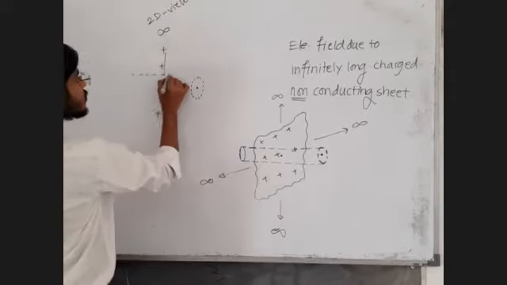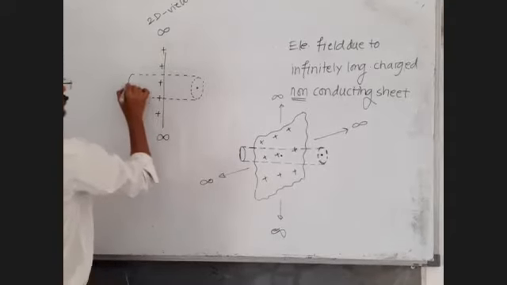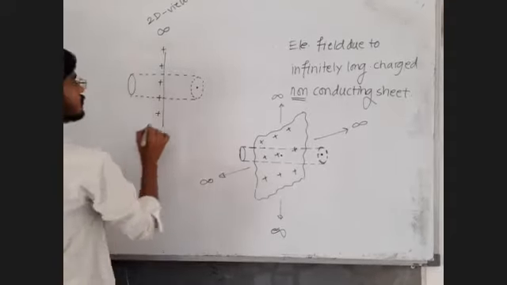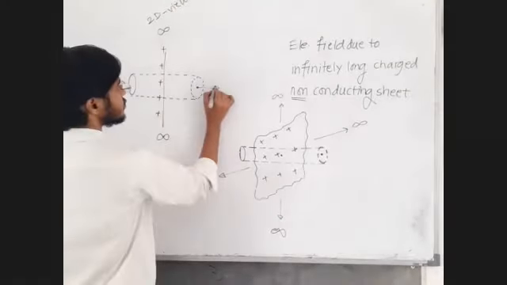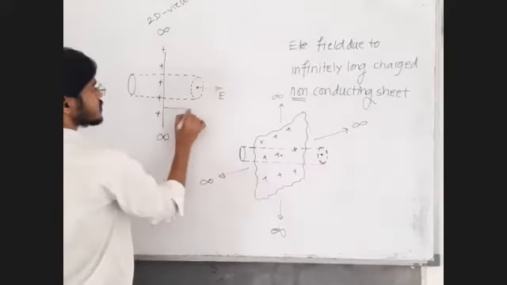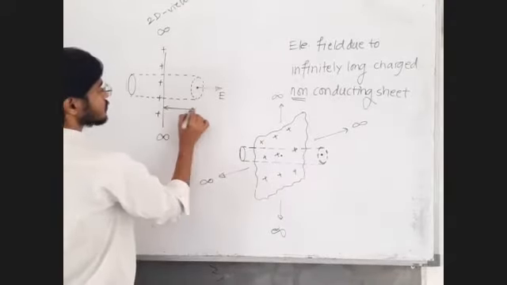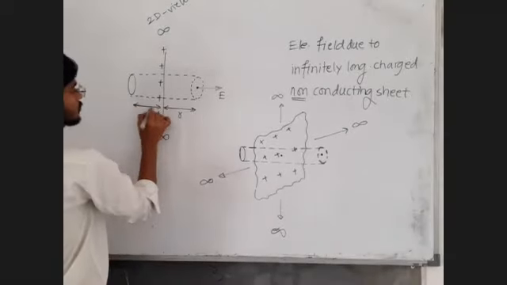So I will complete the Gaussian surface because it should be a closed surface. At this point I want to find the electric field intensity. Let it be E. Let this distance be small r. Let this distance also be small r.